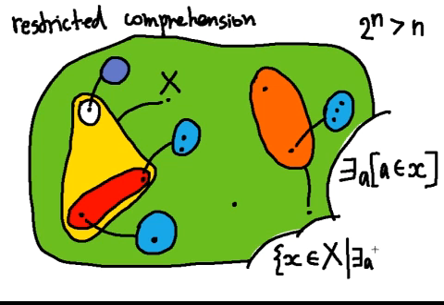So in other words, such that this holds: there exists A being an element of X. Now, this thing here refers to the red collection.